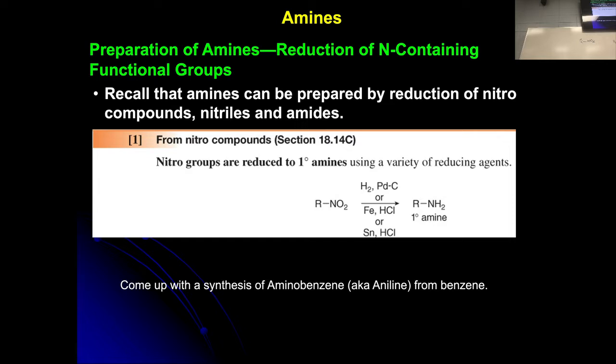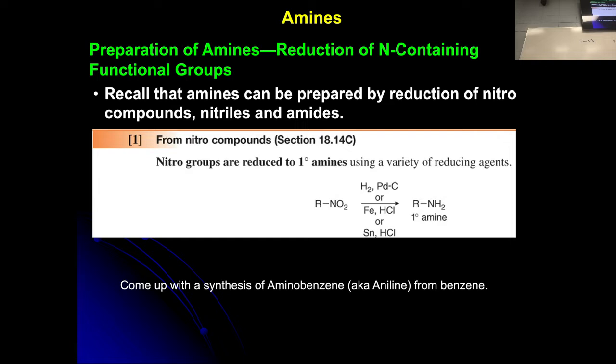But there's another way, fortunately, that we can reduce nitro compounds to amines. We can use iron and hydrochloric acid, both cheap. Where can we get iron from? You can go to Lowe's right now or Home Depot and you can buy a bag of nails that are just pure iron.